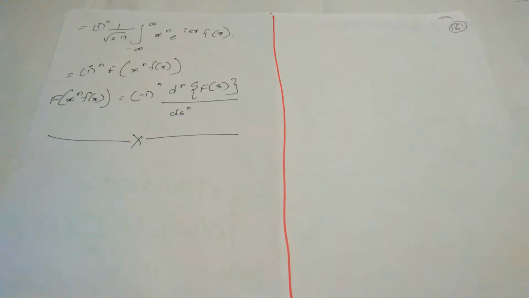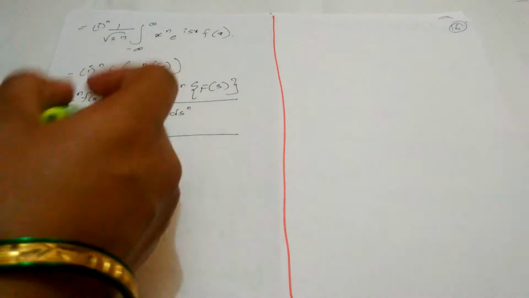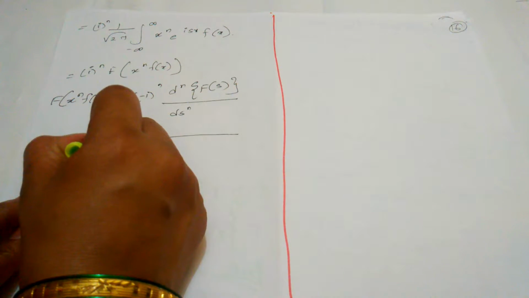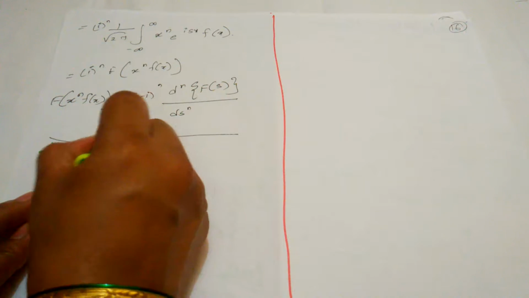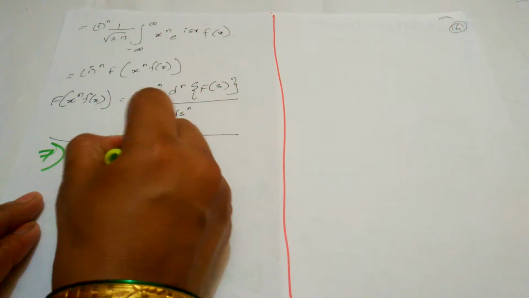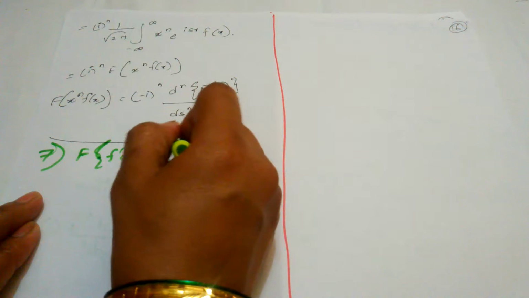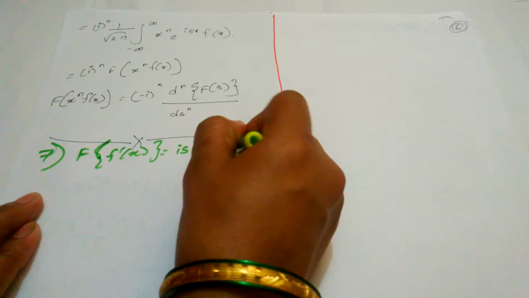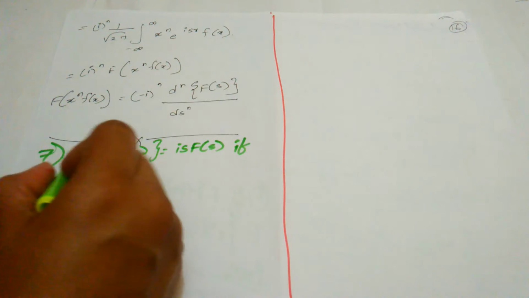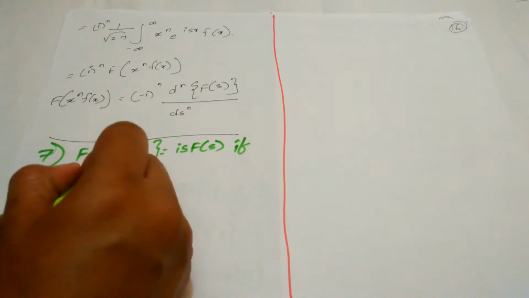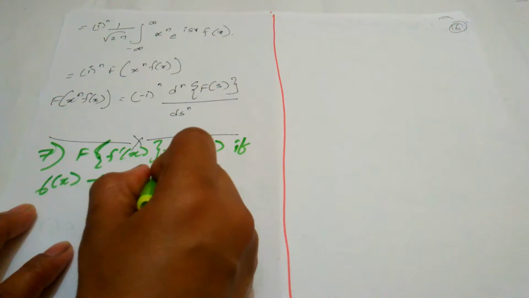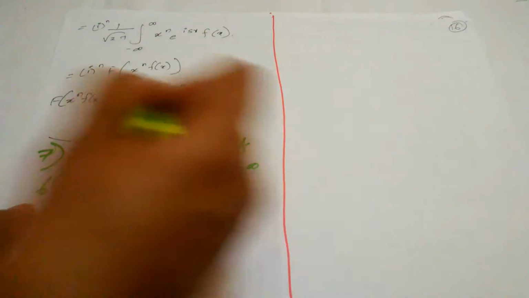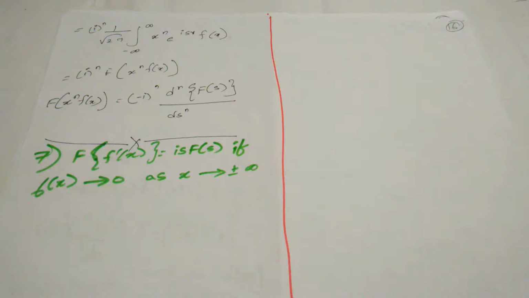Okay, so now the seventh property, where F of f dash of x is equal to is F(s), if f(x) tends to 0 as x tends to plus or minus infinity.